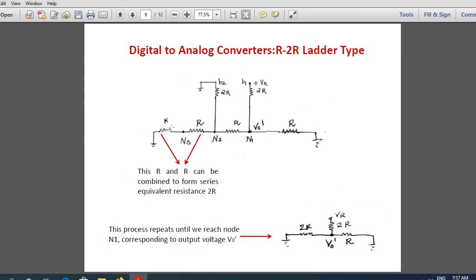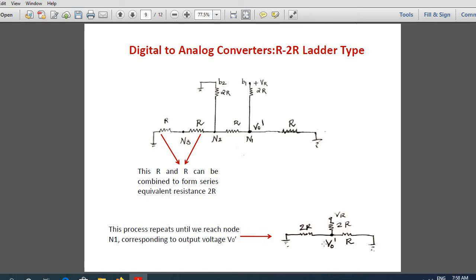Look here. This R again combines in series to form 2R. It again forms a parallel with this 2R. This analysis goes on until you reach this node 1. Same method. At node 1, you can do all the steps, you don't need to stop here like I stopped. So you will get a resistance like this, 2R.